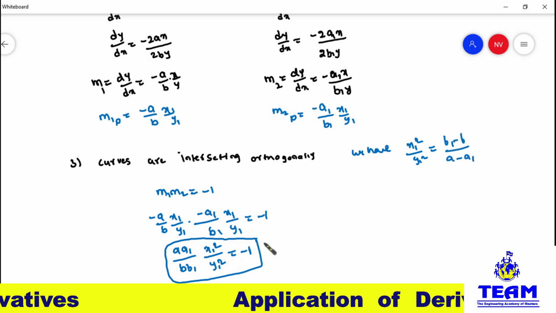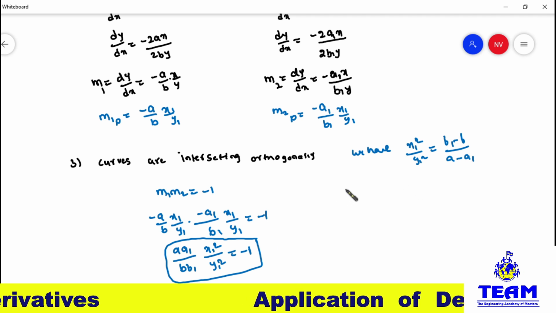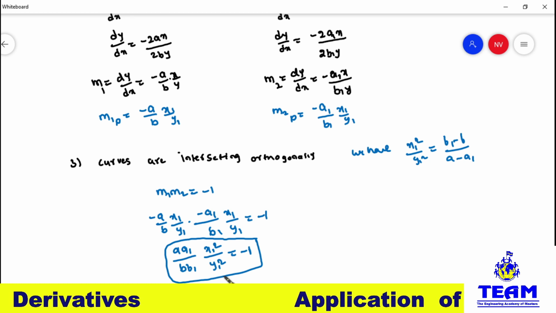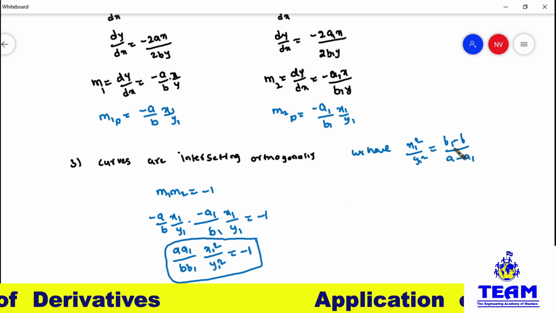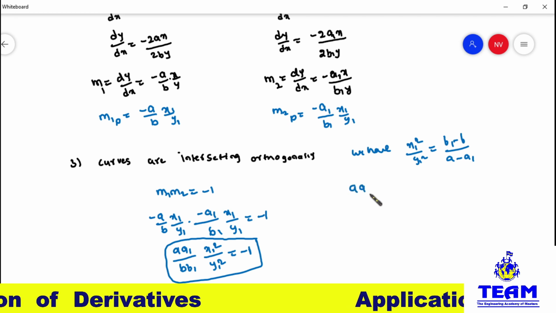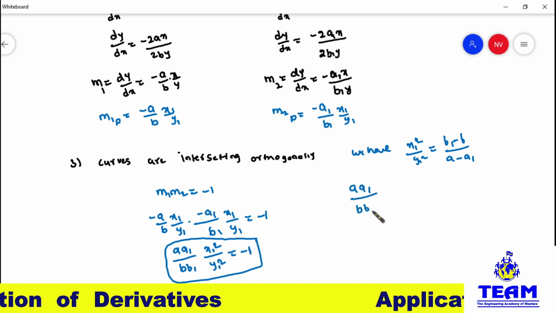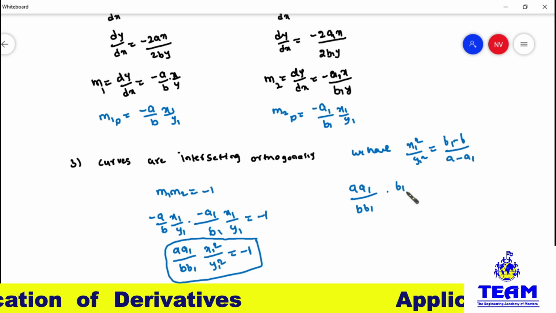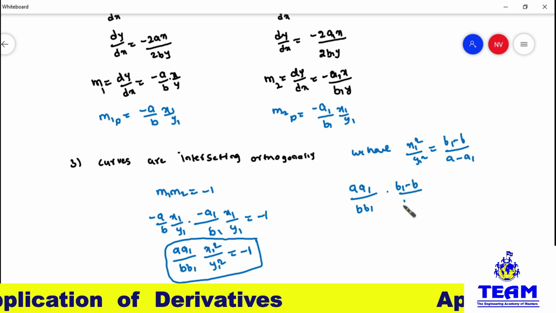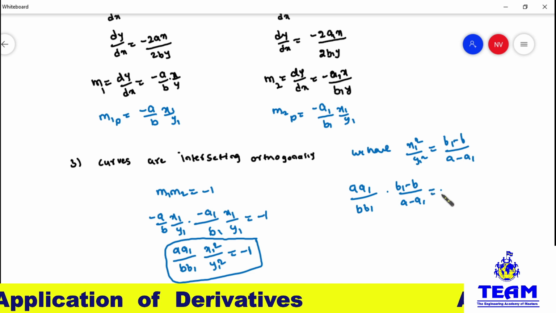So from these two, I am replacing x1 square by y1 square with b1 minus b by a1 minus a. So a1 by b1 into b1 minus b by a minus a1, which is equal to minus 1.